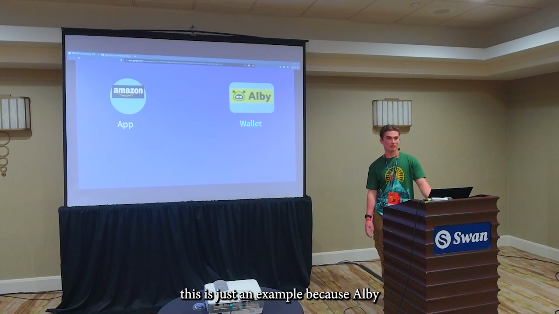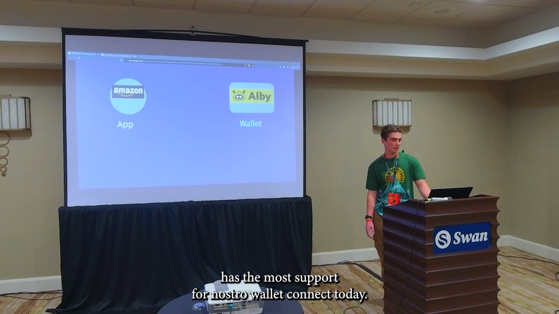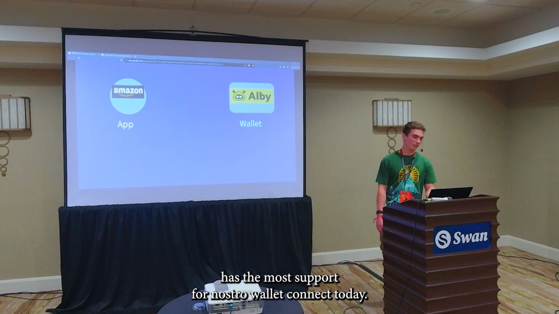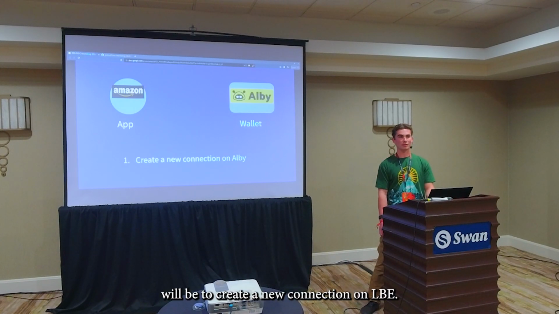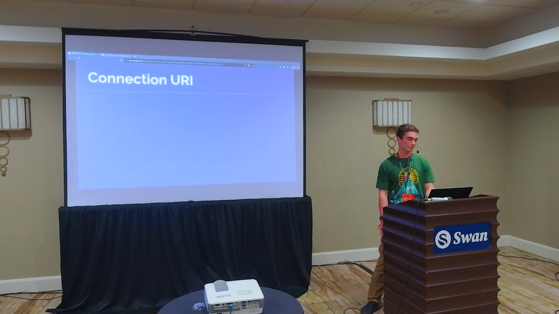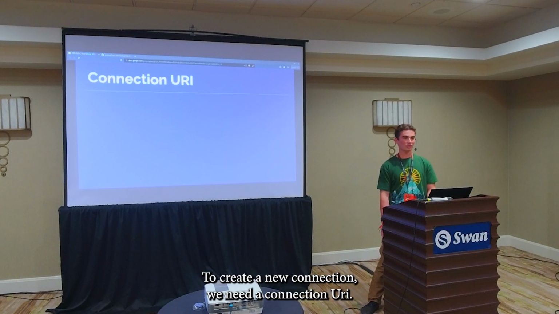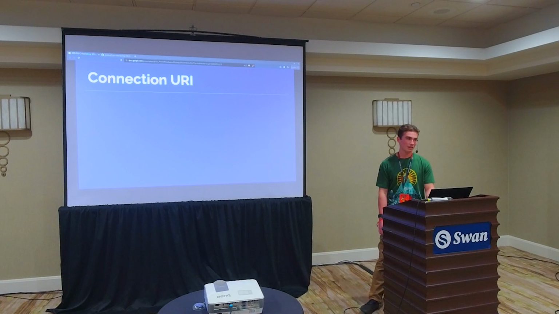This is just an example because Alby has the most support for Nostr Wallet Connect today. So step 1 will be to create a new connection on Alby. To create a new connection, we need a connection URI.